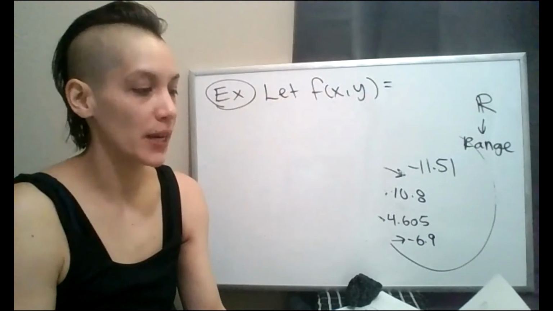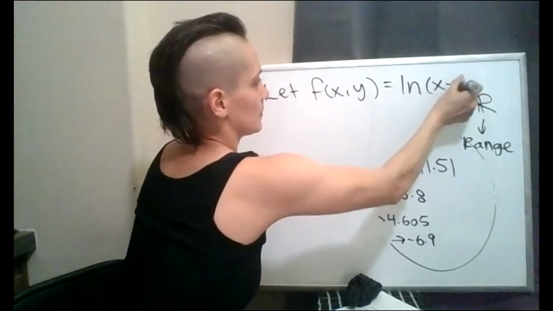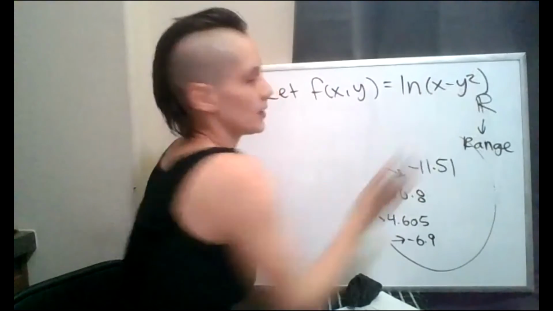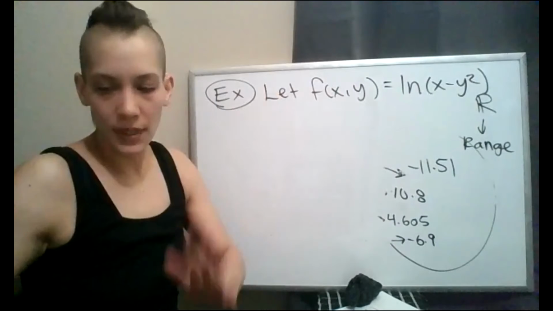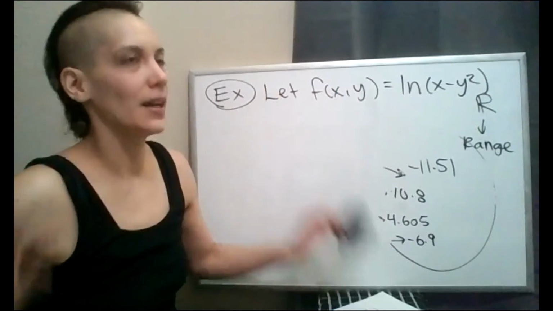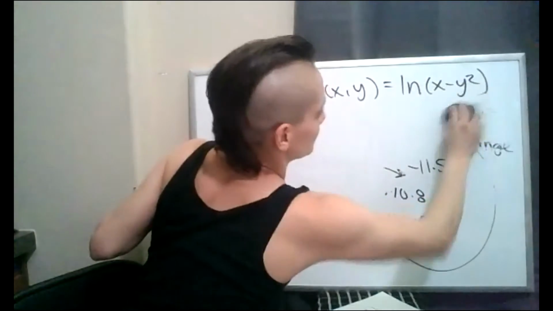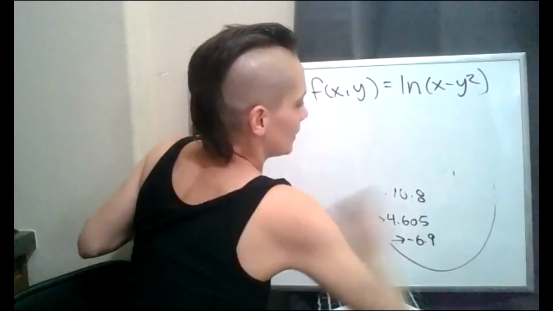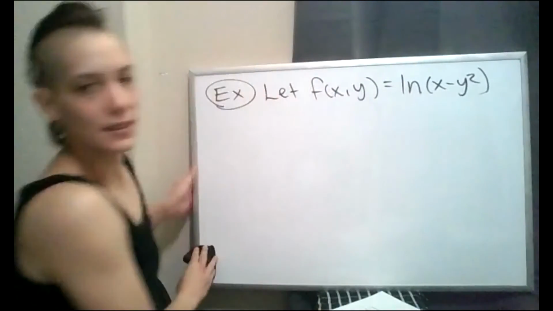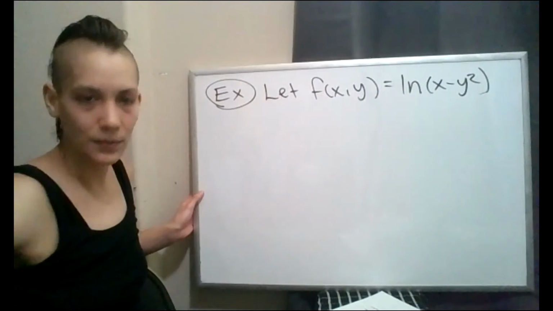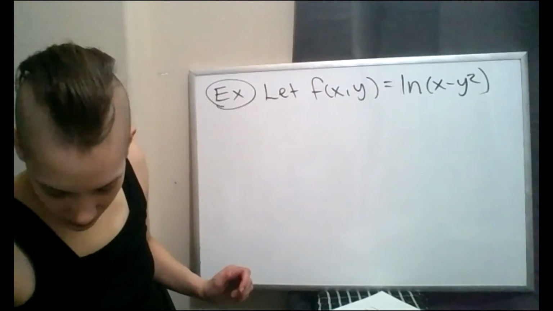It's ln of x minus y squared. There's a lot of the same ideas, so we'll do this a bit more quickly, which sounds kind of weird, but still, don't want to make mistakes.